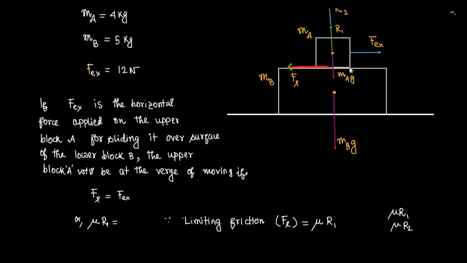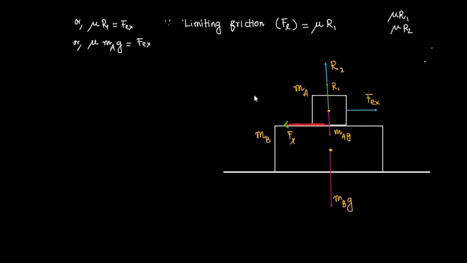So in place of Fl we can write mu R1 is equal to Fex, or mu Ma g. In place of normal reaction R1 we can write Ma g, is equal to Fex, or mu is equal to Fex divided by Ma g. Putting the values of Fex and Ma, we get mu equal to 12 divided by 4 into 9.8.